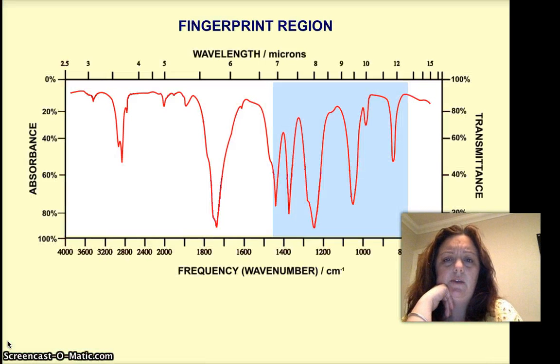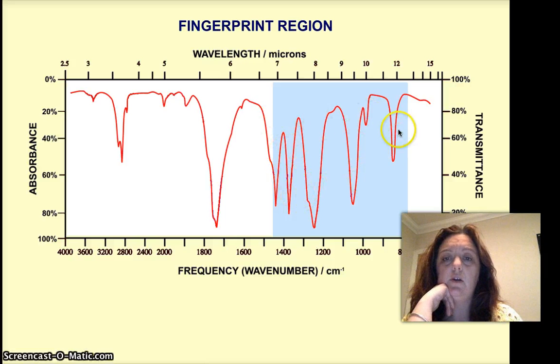Now where's the fingerprint region? It's actually at the low end of the frequency here, so up to about 1400, maybe up to 1450, down to probably about 600 or 700. Now these actual peaks don't identify the functional group, but what they do have are peaks very specific to the carbon-carbon bonds and the carbon-hydrogen bonds, and because all organic molecules have these, can you identify the molecule?